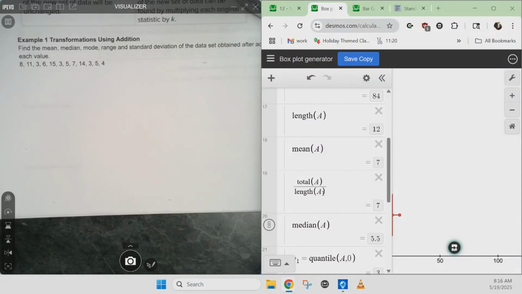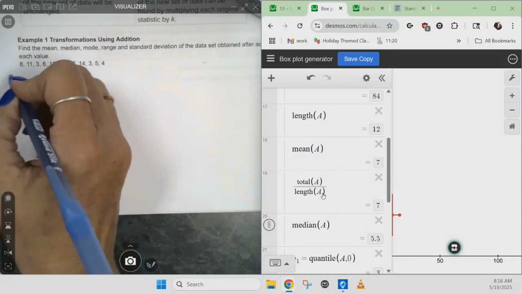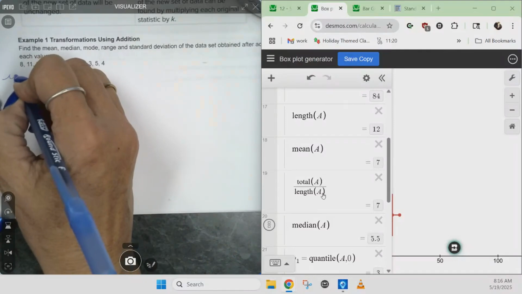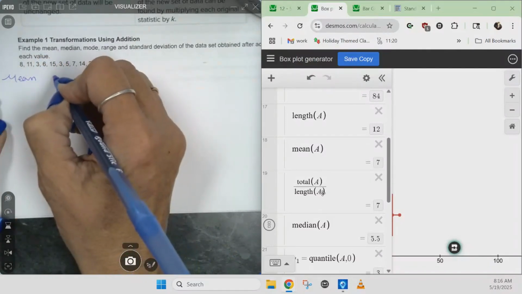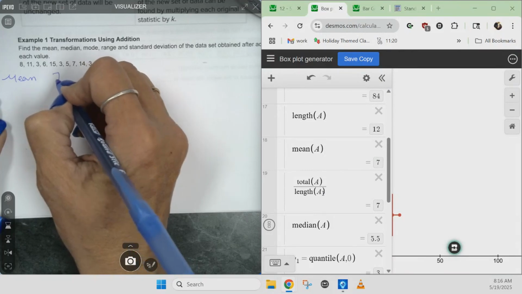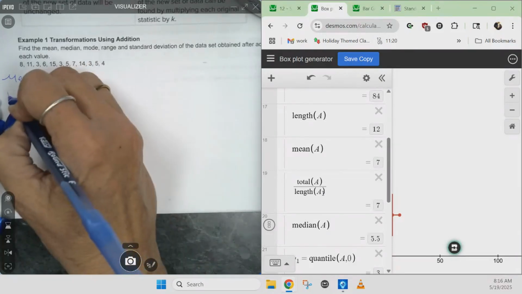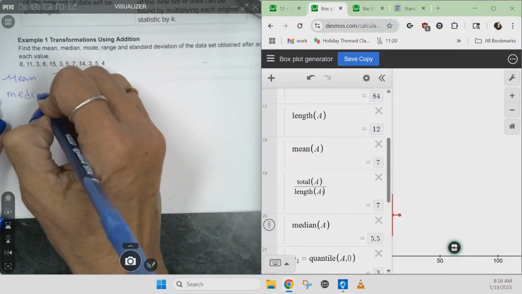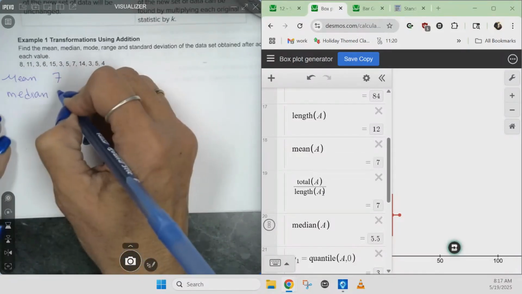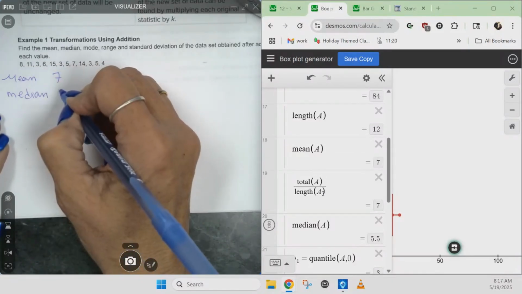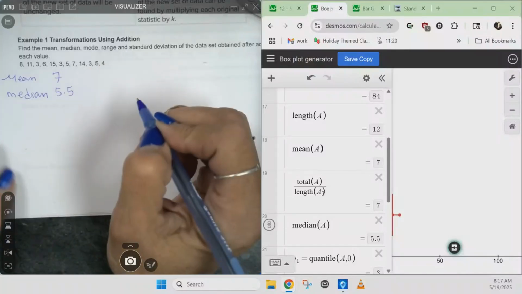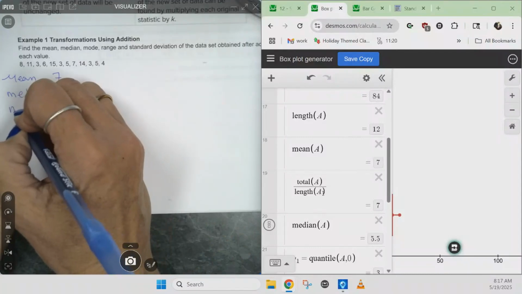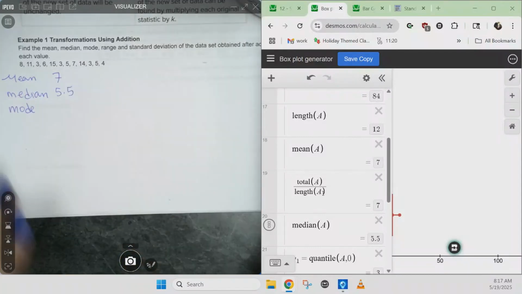Okay, so from this we have a mean of 7. The median is going to be 5.5. And it wants a mode.